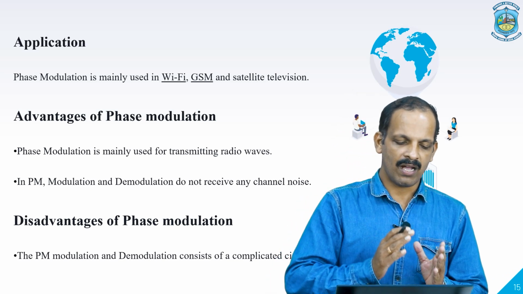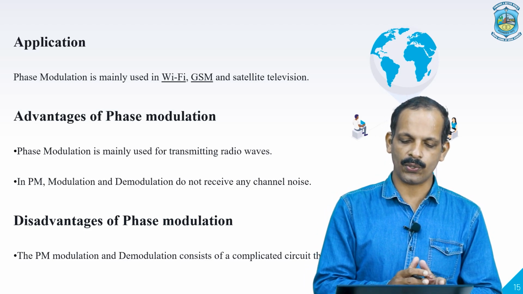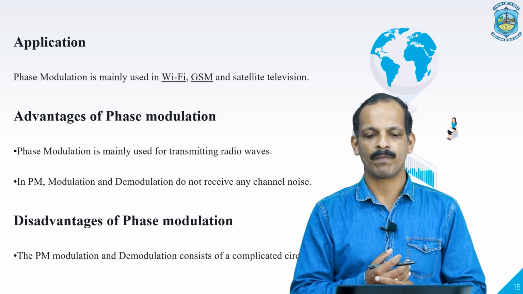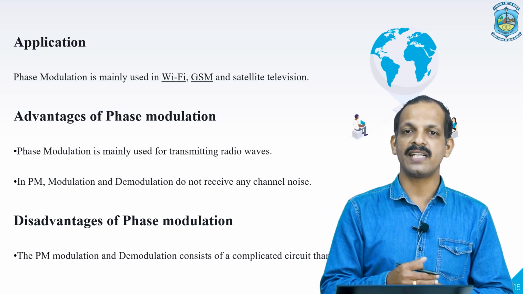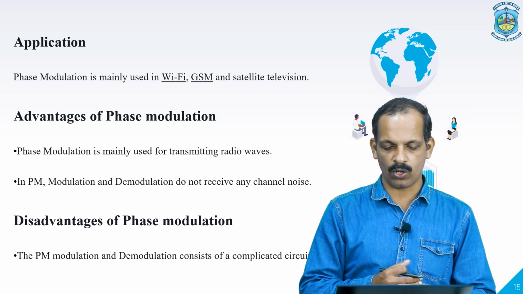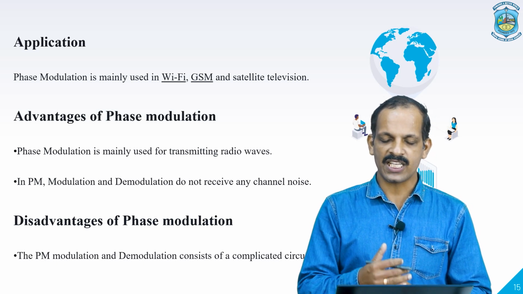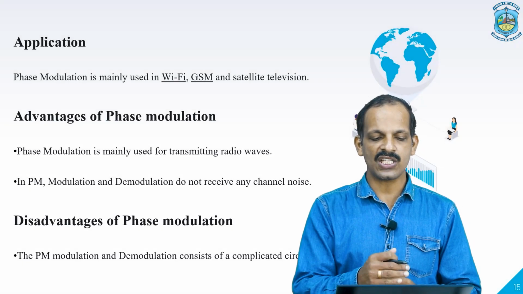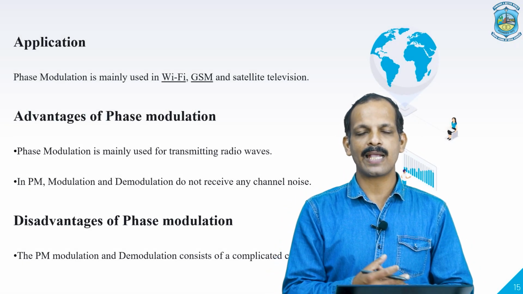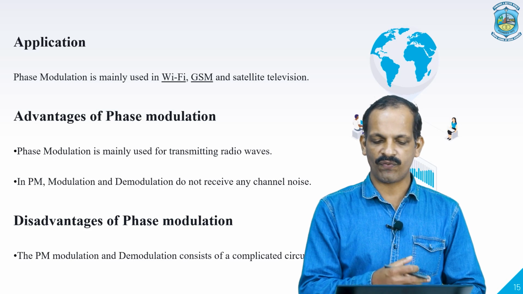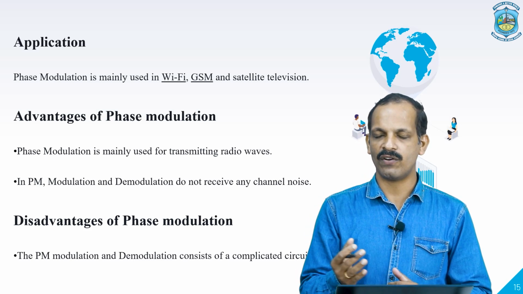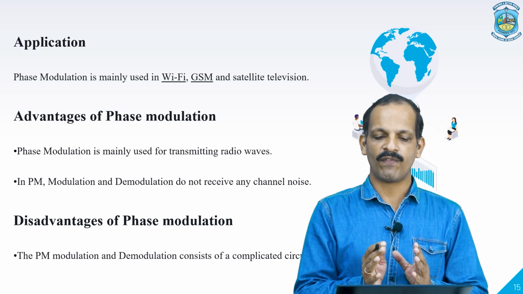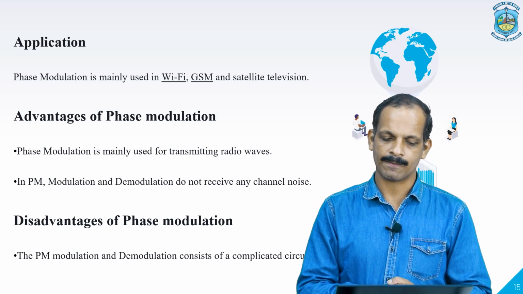So this is a more complex circuit than AM and FM. That is the main disadvantage. Other than that, when we compare them, each one serves different types of applications. In the case of pulse modulation, worldwide we are using this method for internet communication.